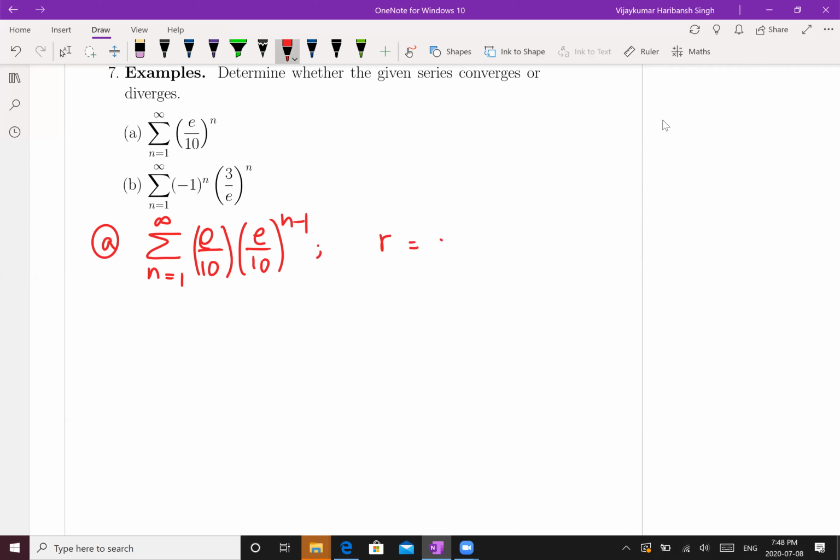R is e by 10 and A is also e by 10. Now the absolute value of R is e by 10, which is less than 1, because e is roughly 2.71 something. So we get the absolute value of R is less than 1, and therefore this series converges.